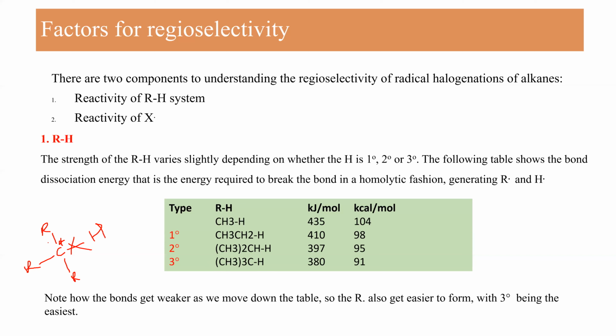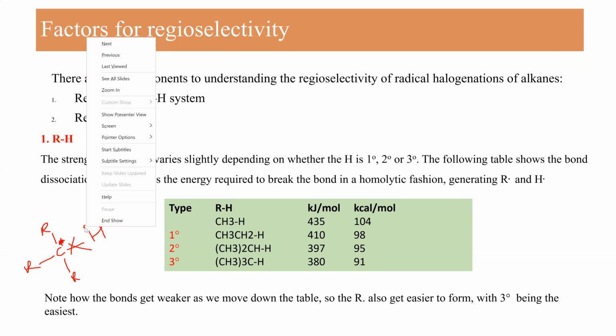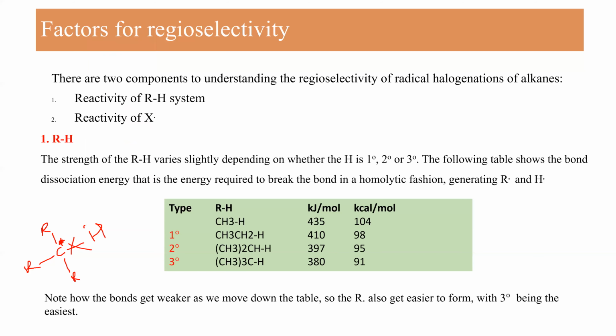But this is happening through the radical mechanism, so there is one unpaired electron on each side, right? So this carbon is stabilized from these three sides with three R groups, right?